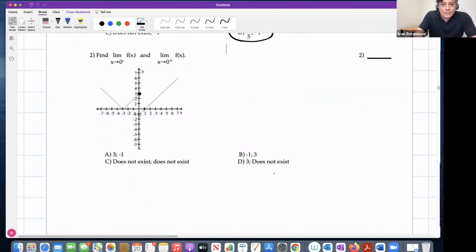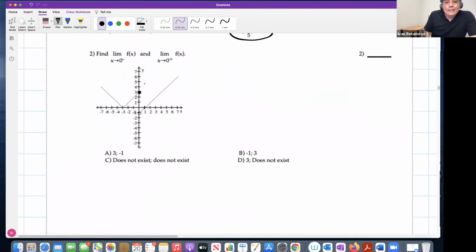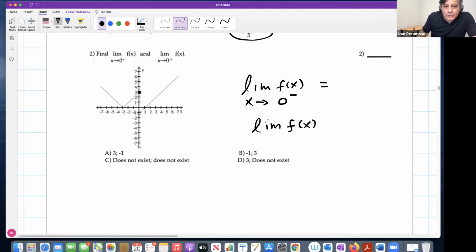Can you try this now? It's a different one. It says find the limit of the function whose graph is this, as x approaches 0 from the left. Let's write it out: limit of the function f of x as x approaches 0 from the left. How do you know, Professor, from the left? Because of this negative sign, right? Figure this out. And also they want you to figure out the limit as x approaches 0 from the right.